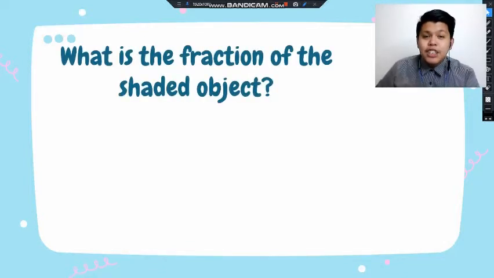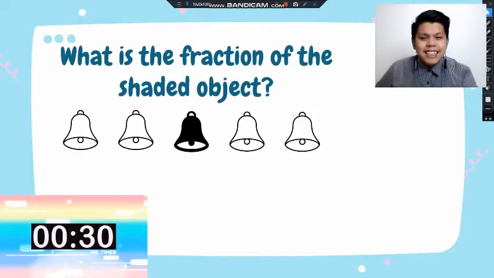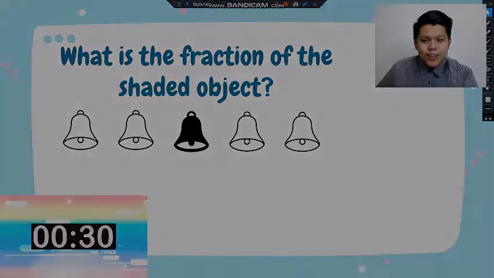Next, let's go with this one. What is the fraction of the shaded object? 30 seconds starts now.